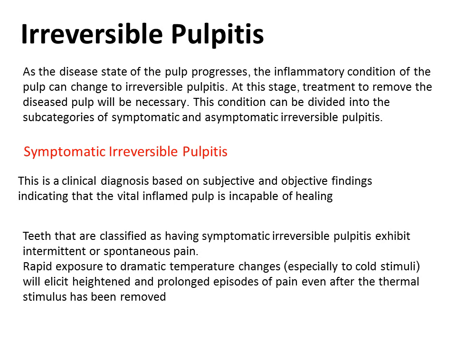If it is symptomatic irreversible pulpitis, there will be intermittent and spontaneous pain. A rapid exposure to a dramatic temperature change, such as a cold stimulus, will cause prolonged pain to the patient even after removal of the stimulus.